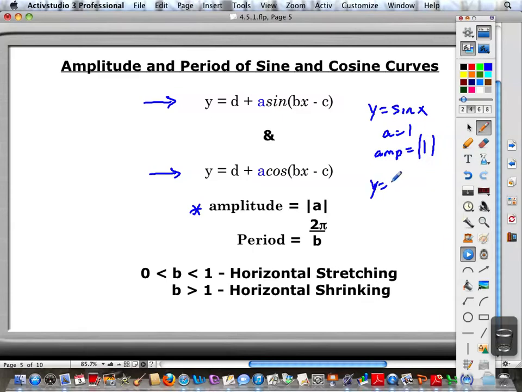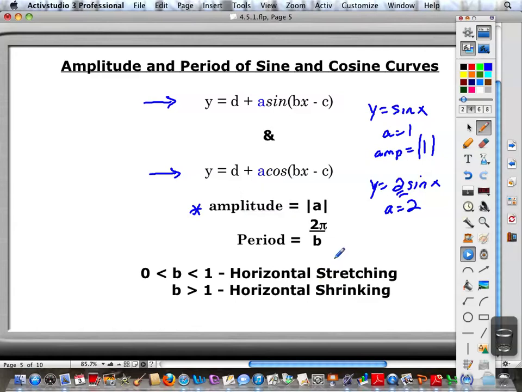But when we looked at the last one, where we had 2 sine of x, our a value was 2. And remember, our maxes and mins came at positive 2 and negative 2. So that coefficient out in front of the sine or the cosine, whichever graph we're using, has to do with how high or how low that graph is going to go. Where are those maxes and mins?